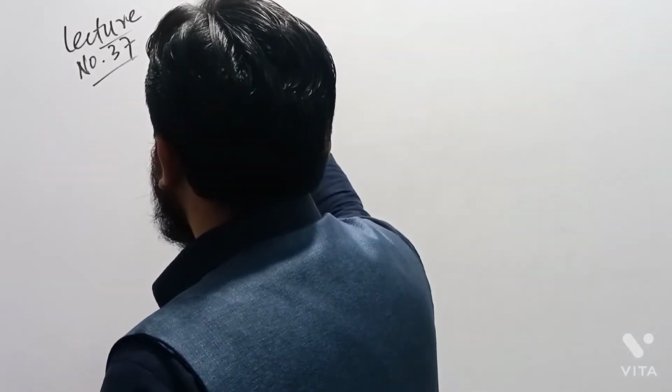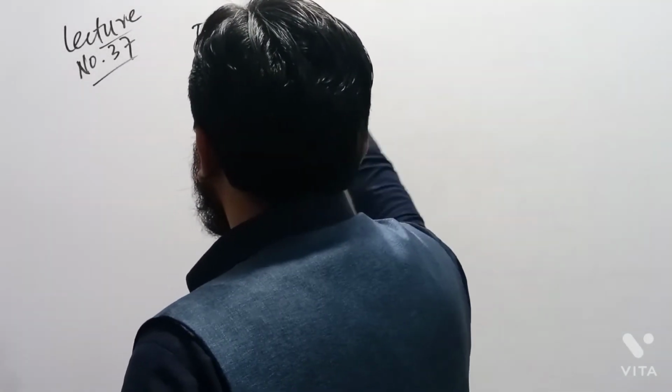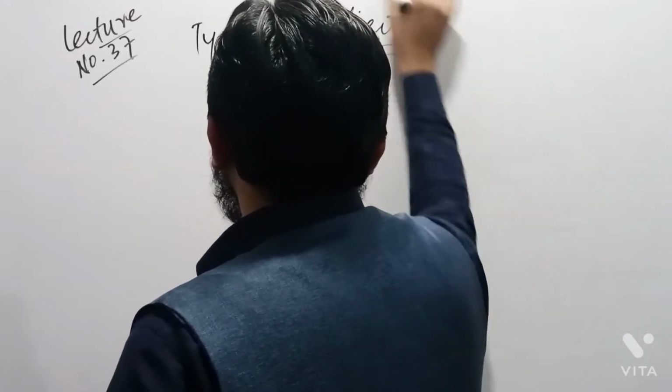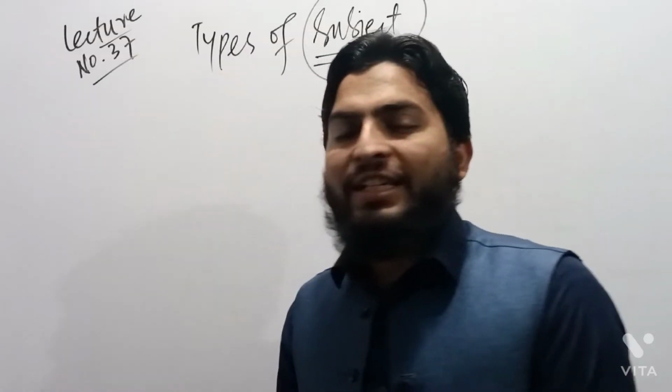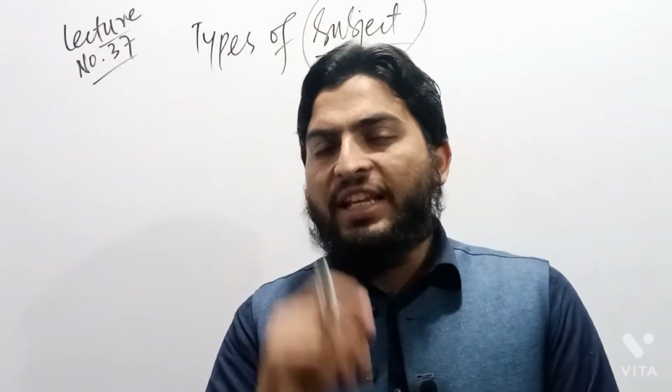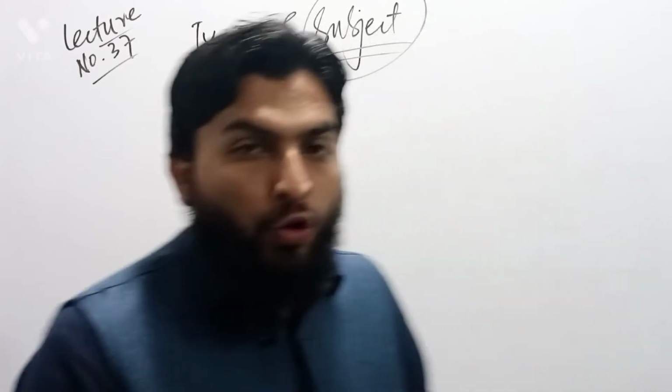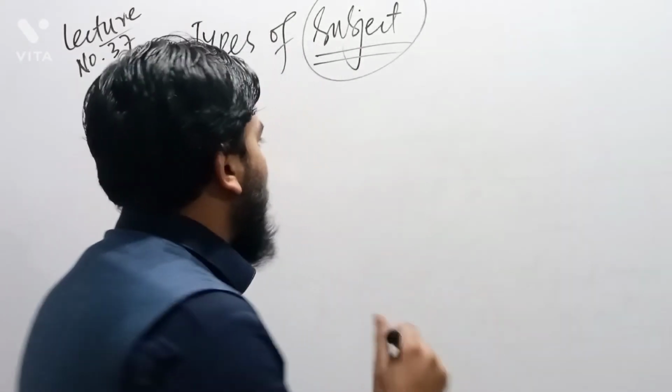Thank you all. Types of subject. When I discuss types of subject, in the very beginning I ask, what do we mean by the word subject? Subject is defined as that part of the sentence about which the predicate is written.